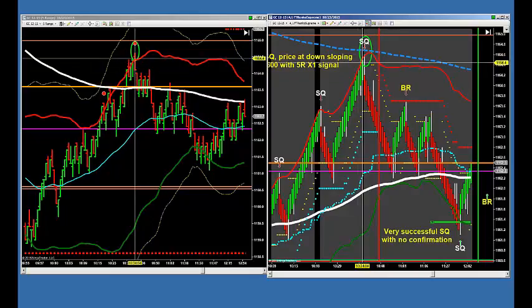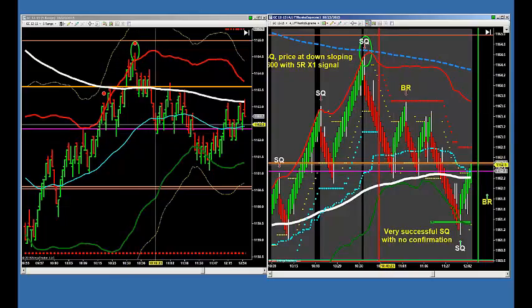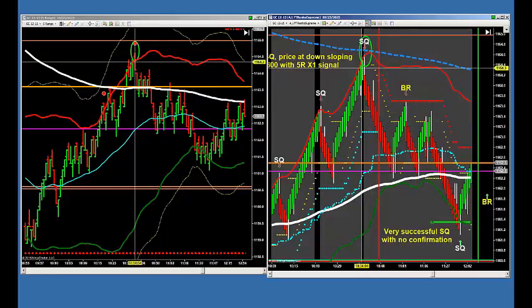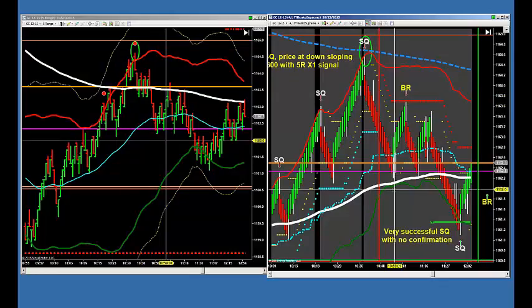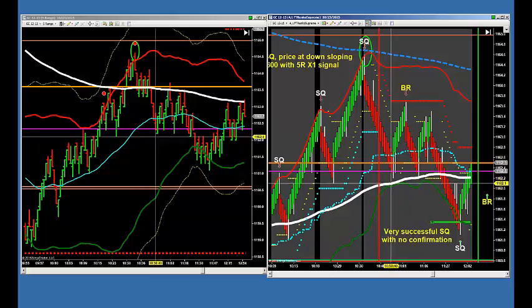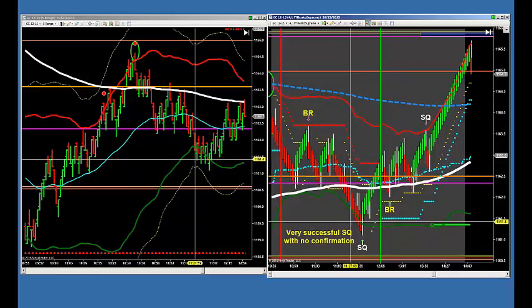It's probably going to terminate, at least initially, or bounce at the 200. So that's one of the things I'll do if I'm taking that and I've got 2 or 3 contracts. I will tend to put the other contract target inside of that 200 a little bit. That seems to work out well. Here's a very successful SQ with just not much confirmation at all.